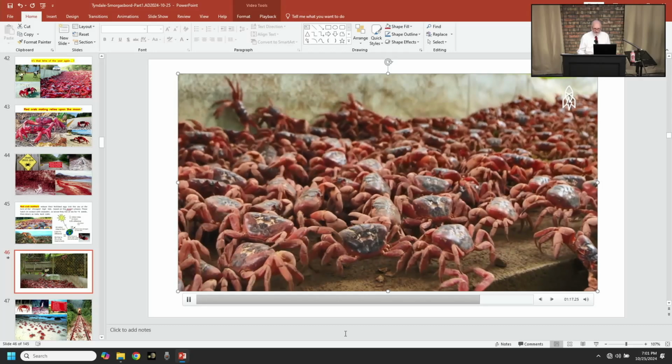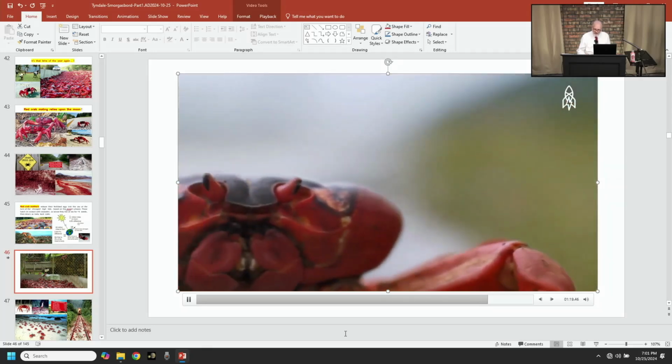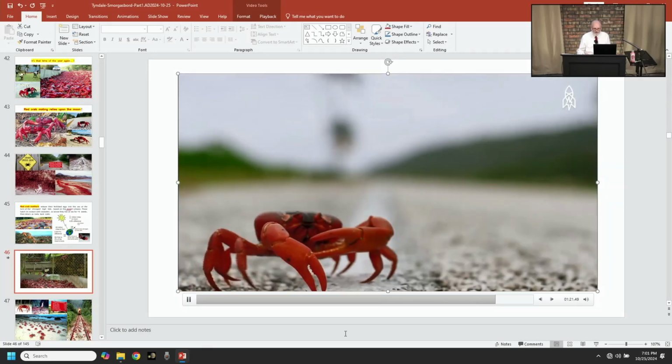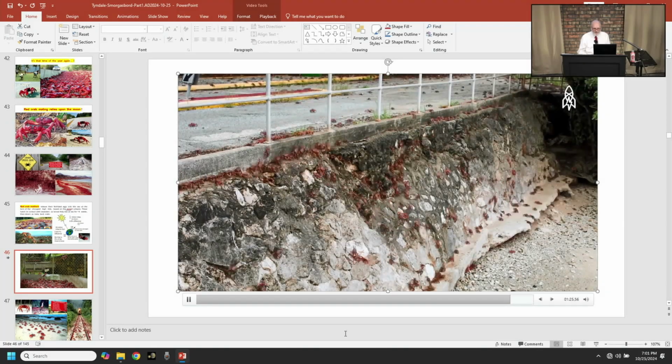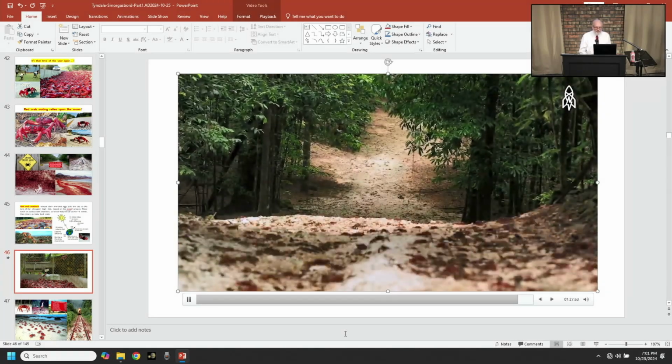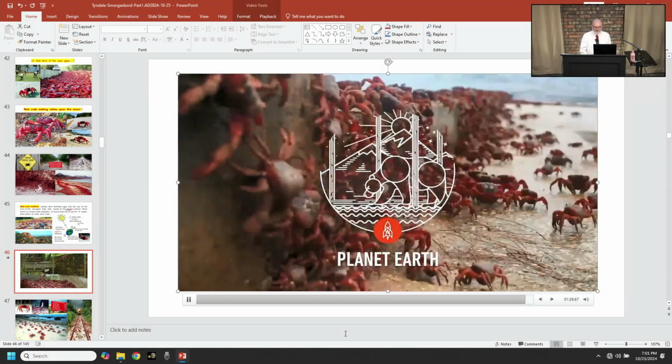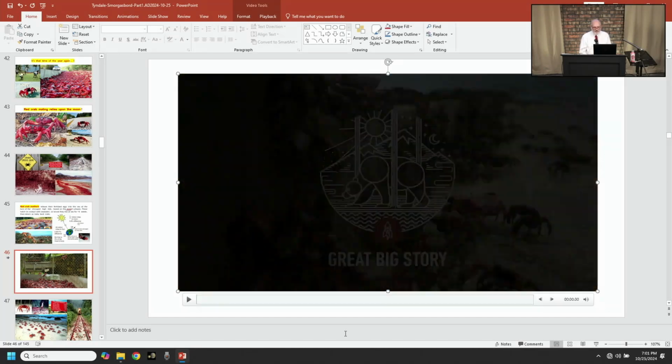Oh, that affects the high tide. Oh, this is the right time of year to go down to the seashore to start the next generation and give them the best statistical advantage of survival. No, God had to design that so that they would know to do that. So pretty amazing.